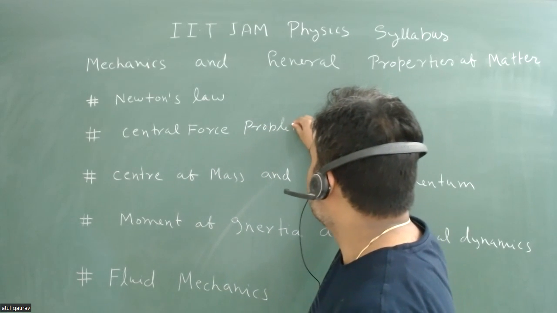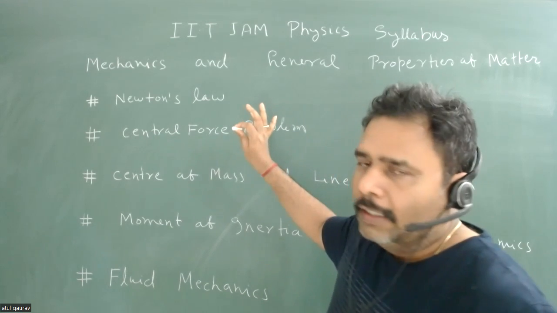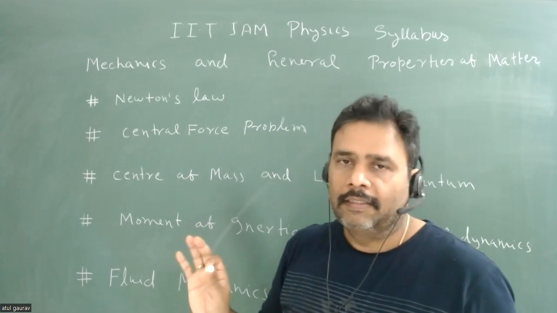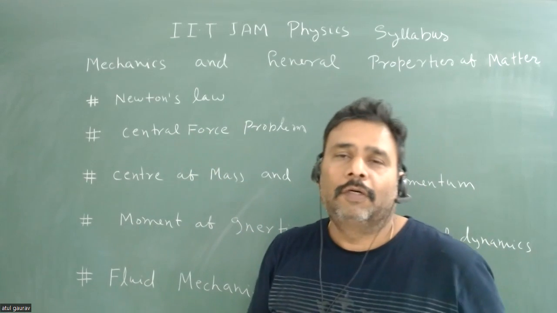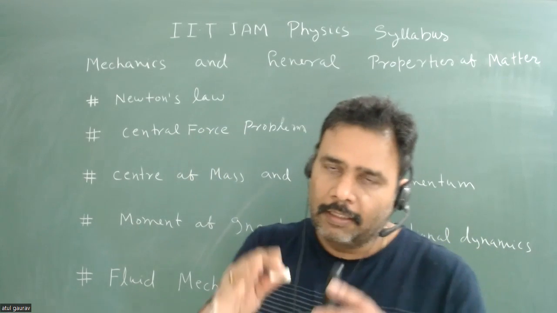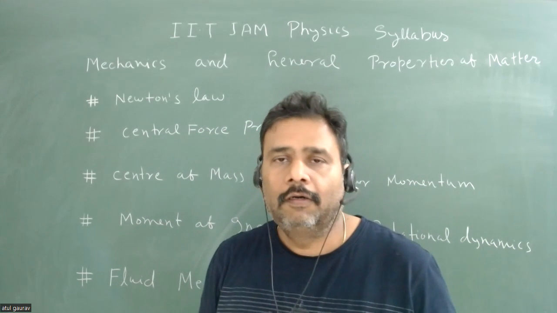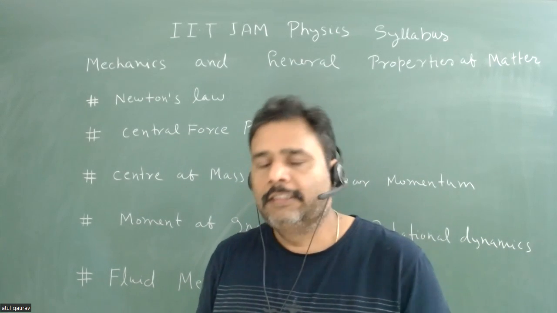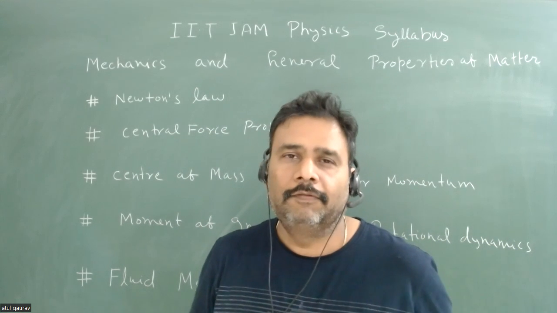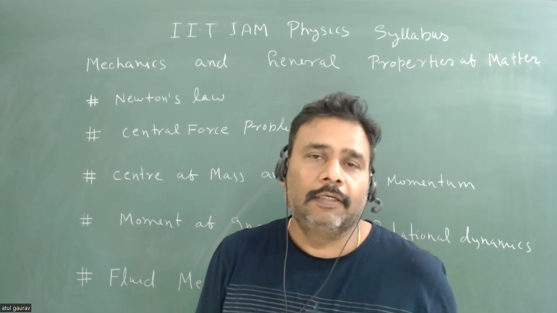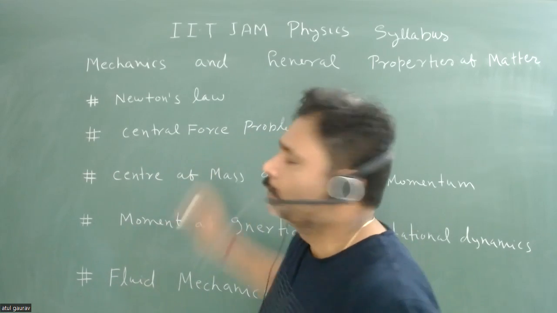In the central force problem, every year at least 2 questions will be there. You have to understand the complete theory of central force, the different types of conservation laws, such as energy conservation and angular momentum conservation, and how the motion is confined to a plane.